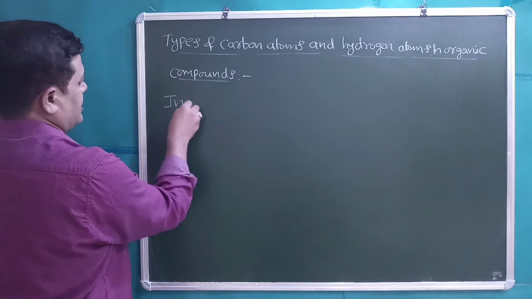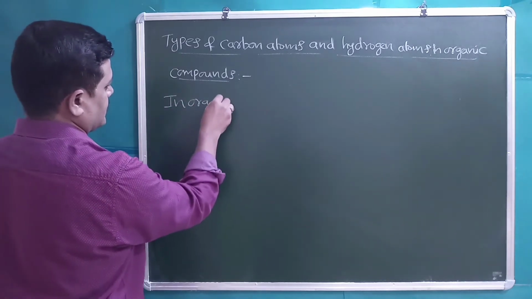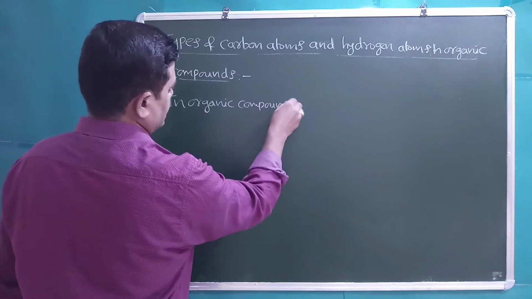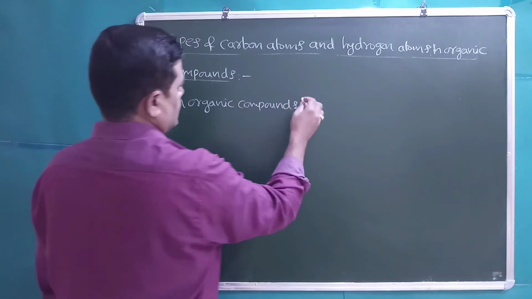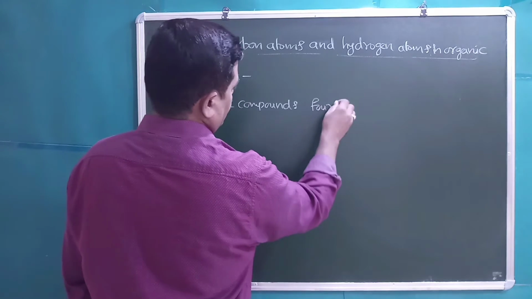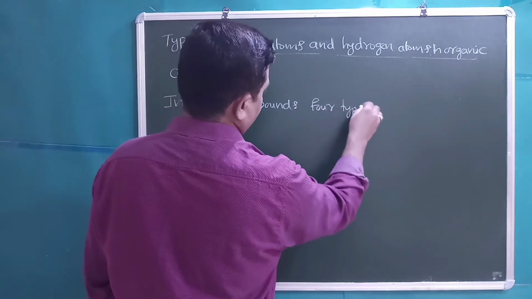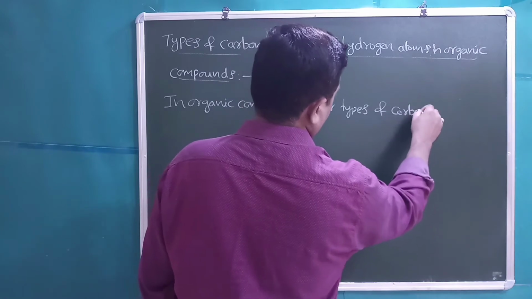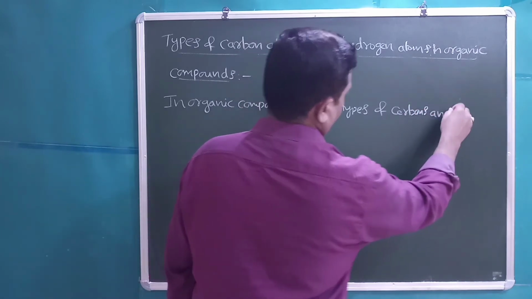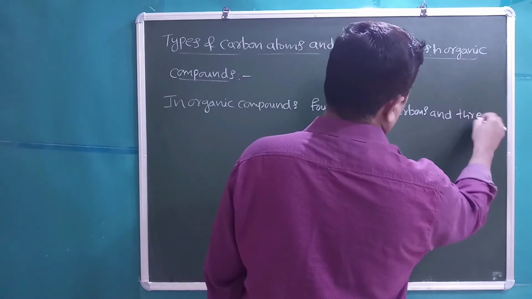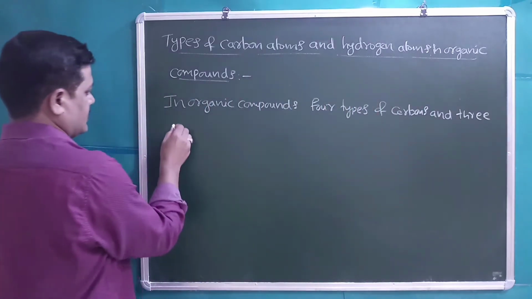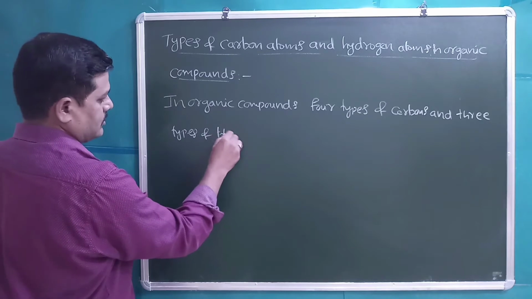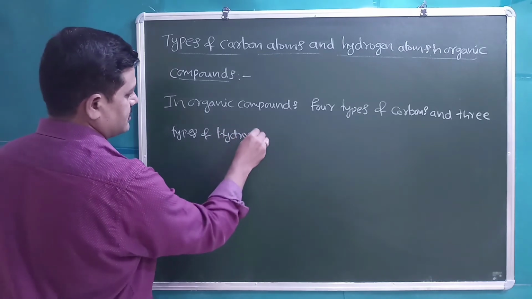In organic compounds, four types of carbons and 3 types of hydrogens are present.